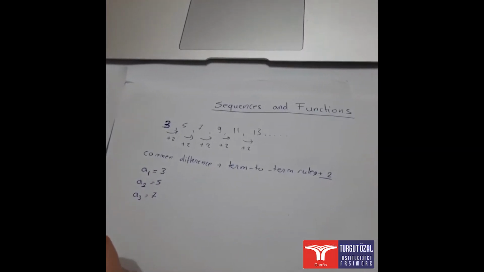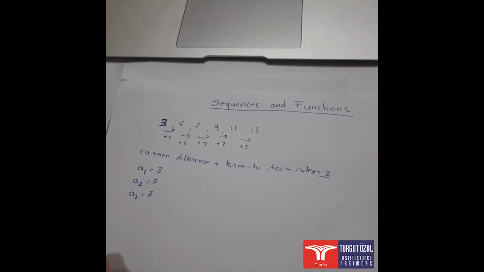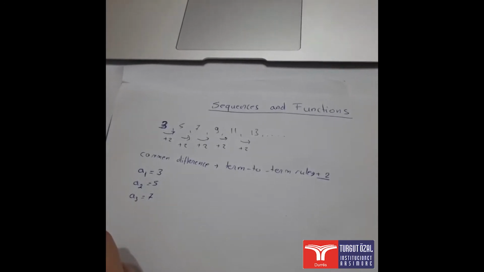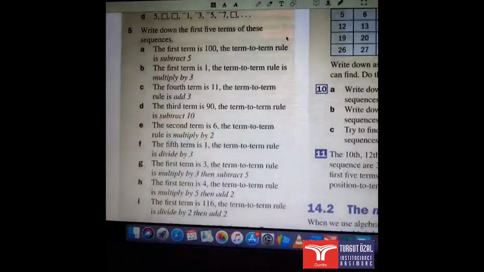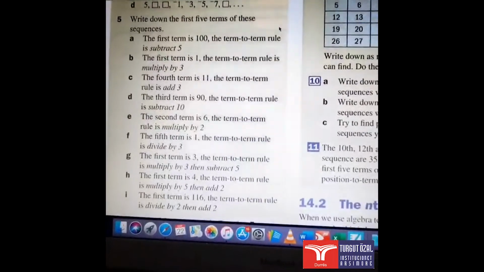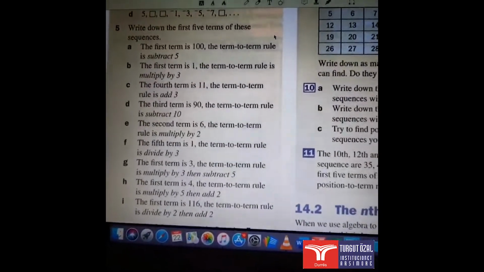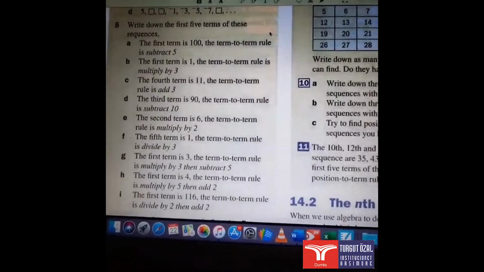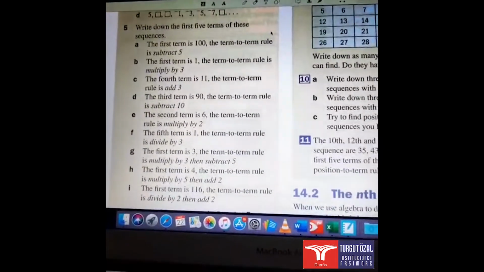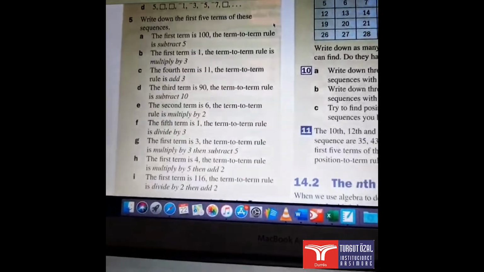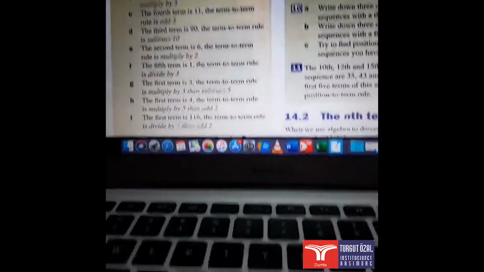Now, let's learn how to generate a sequence. Let's have a look at exercise 5 on page 216 of your book. We have to write down the first 5 terms of these sequences. The first term is given as 100, and the term-to-term rule is subtract 5.